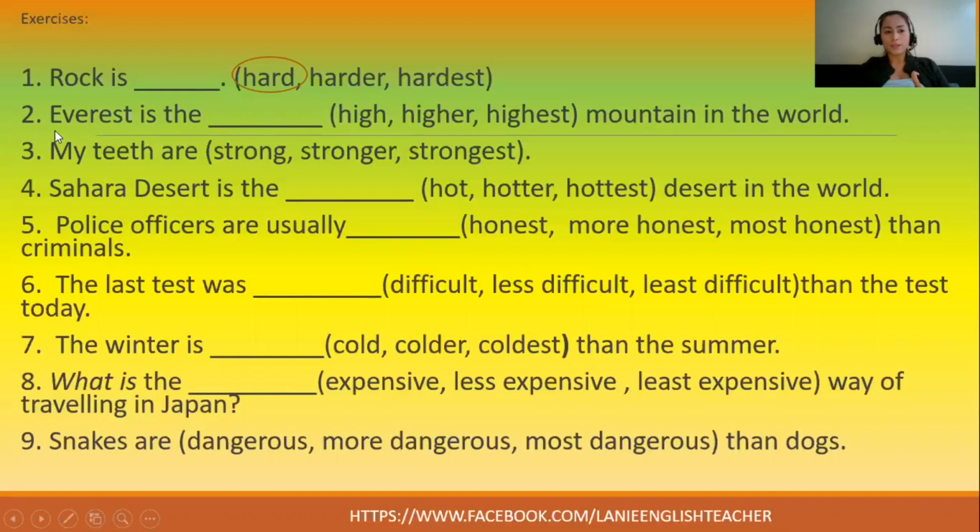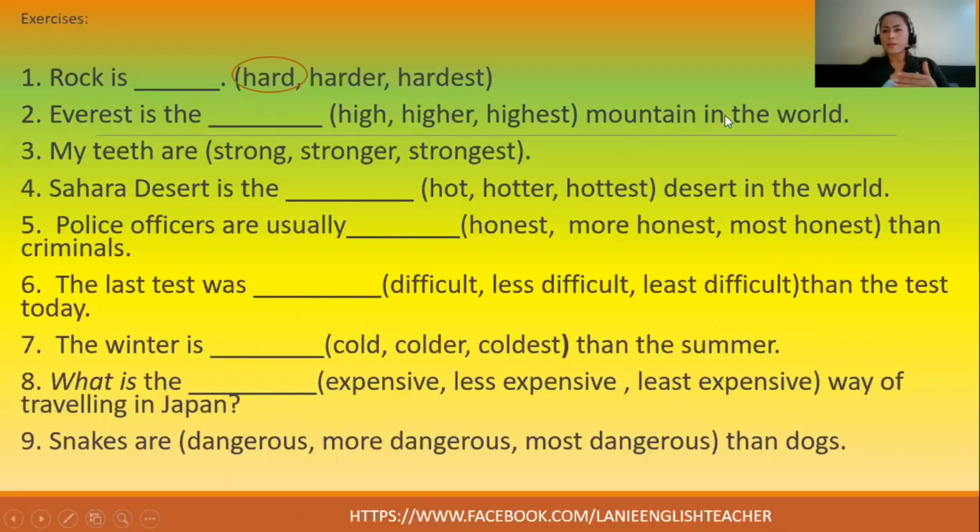All right, let's proceed to number 2. Everest is the blank mountain in the world. Now take note, before the adjective there is the word the. So this signals that the adjective that we are going to use here must be in superlative form.